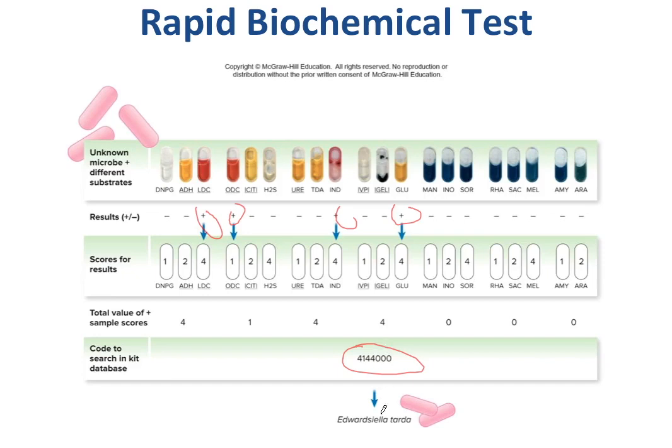On the code database, we can see this is Advancella tada. So we can find this bacteria. So this is how the rapid biochemical test is done.